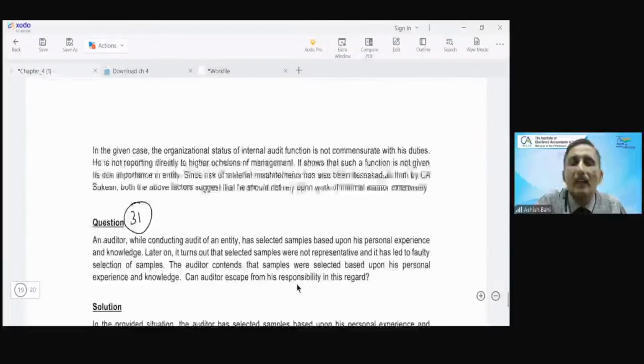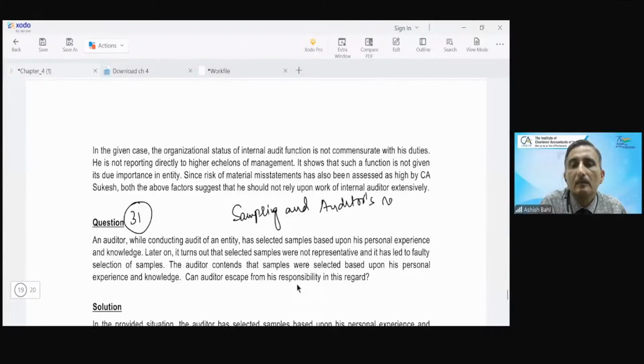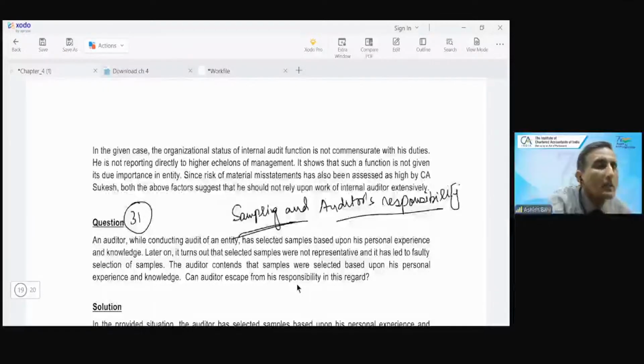Now this is again a question on sampling. Sampling and the auditor's responsibility. What should be the answer?